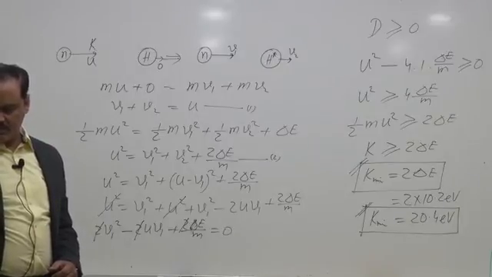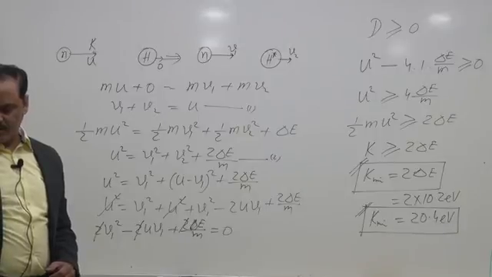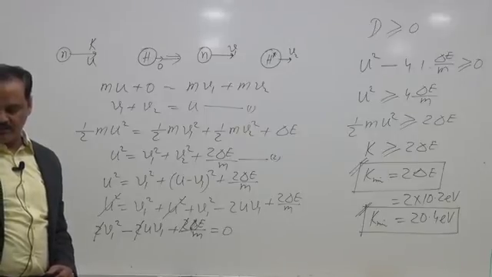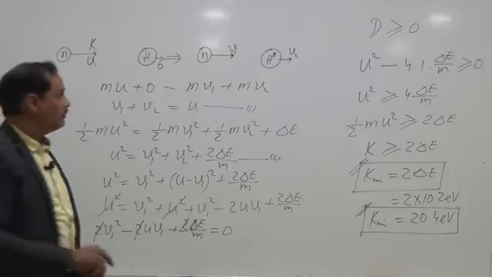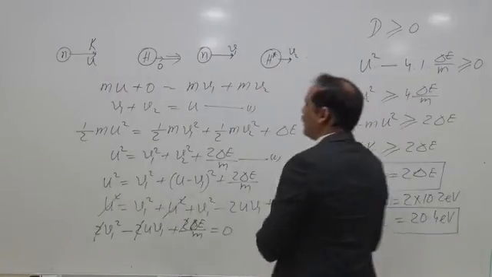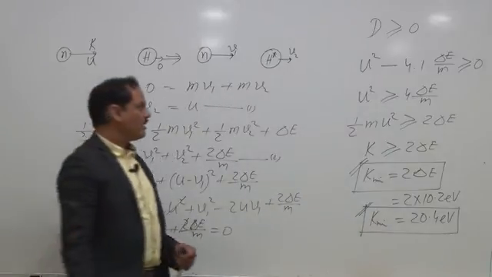So this is about atomic collision. Now next we get atomic excitation. How can we excite an atom? There are three possible ways of atomic excitation.